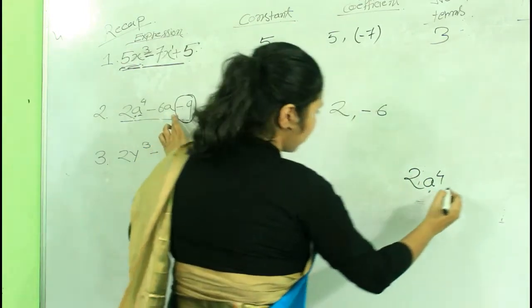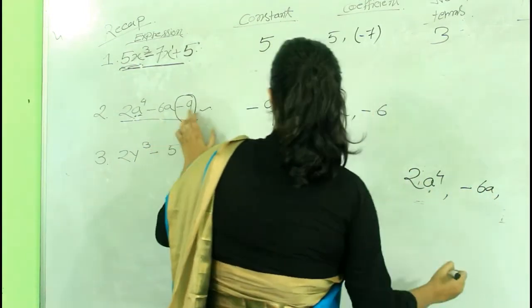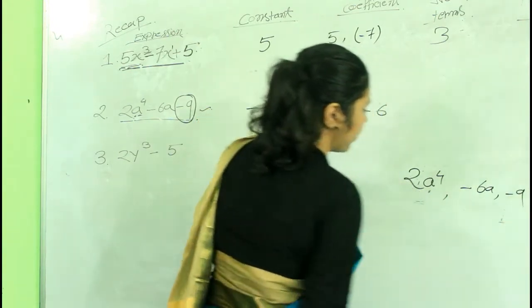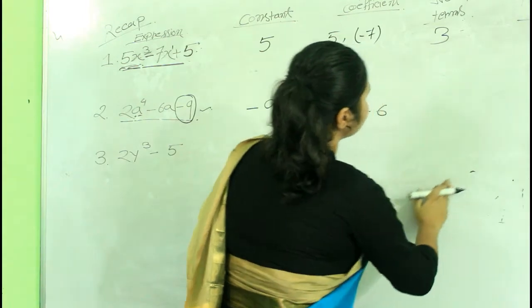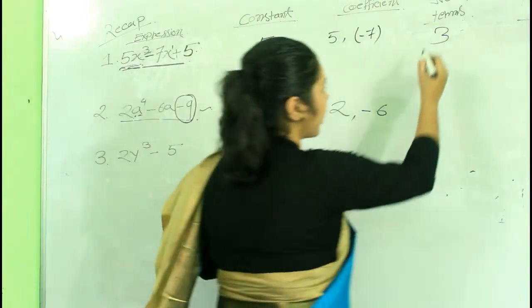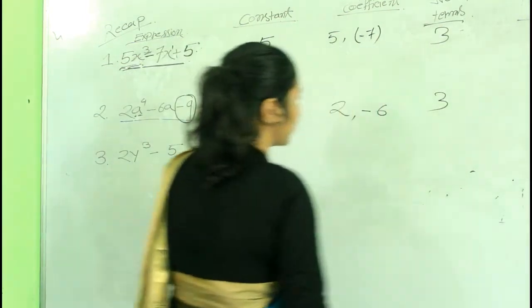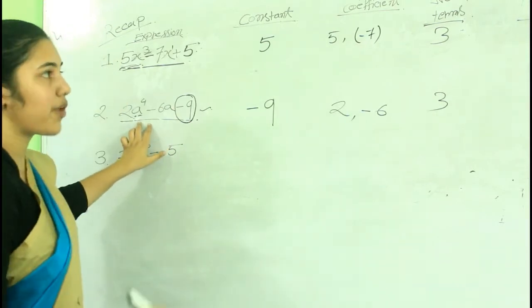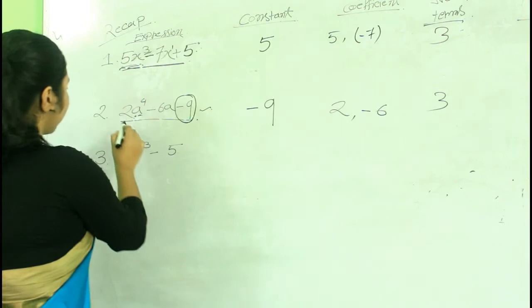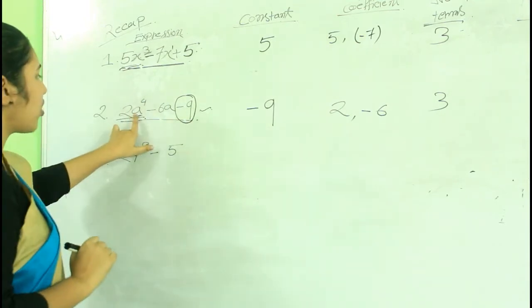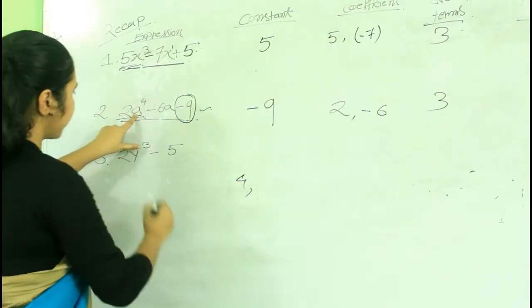The power 4, minus 6a and minus 9. So 1, 2, 3. So the number of terms is again 3. Next, we have to find the highest power of the variable. So, first term, the power of a is 4.